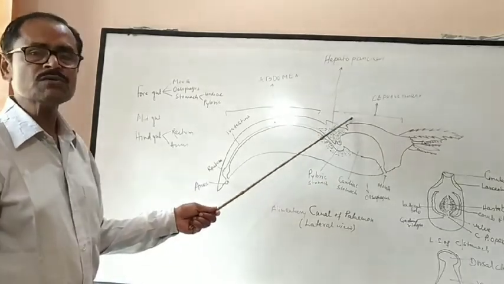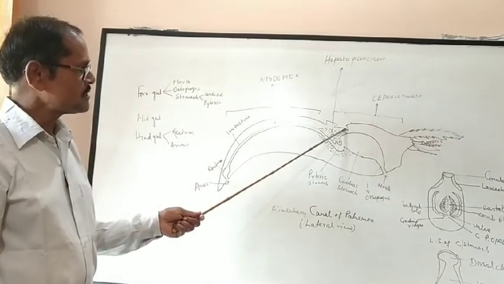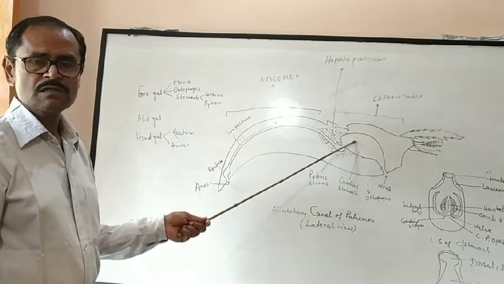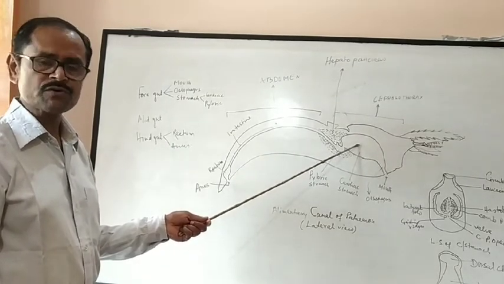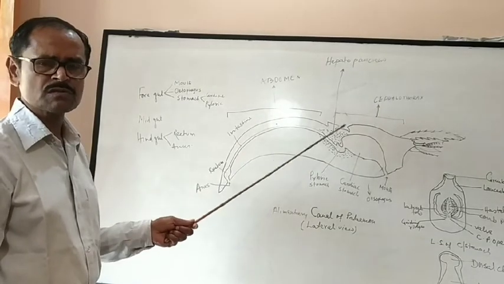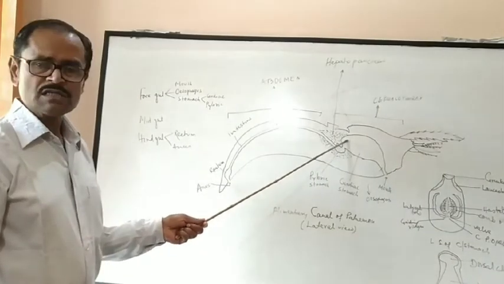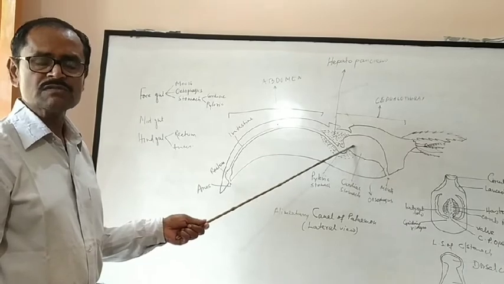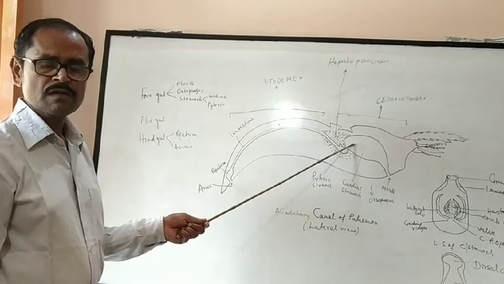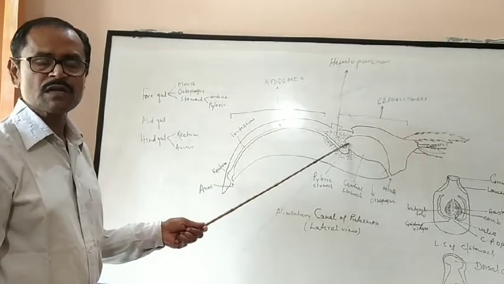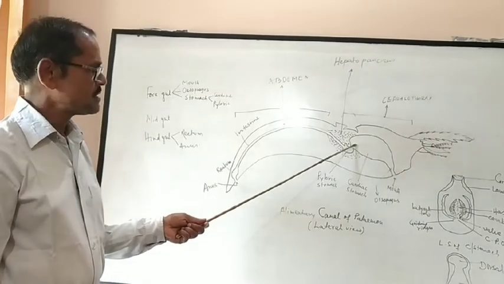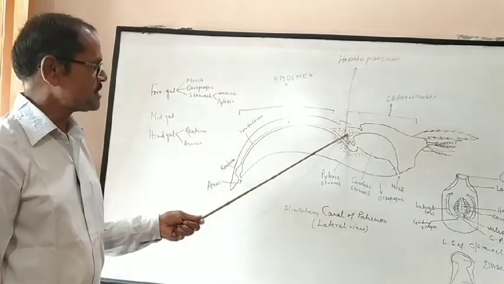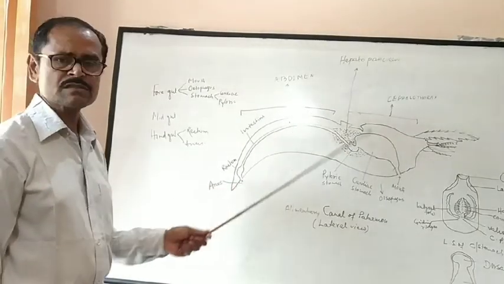Because I have just told you that prawn is omnivorous. It feeds on carbohydrate containing food, protein containing food, fat containing food. So the respective foods should be digested with respective enzymes, and all the enzymes for carbohydrate digestion, protein digestion and fat digestion are secreted from hepatopancreas.